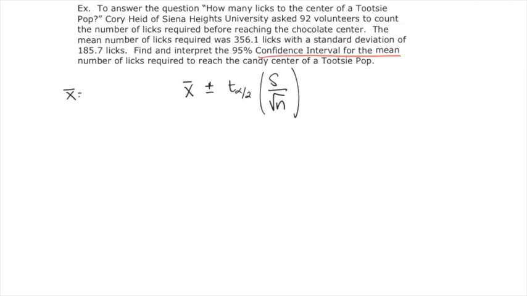We need to find our sample mean. Well, it tells me that the sample mean was 356.1. We also need our sample standard deviation, which was 185.7. We need the value of n. They asked 92 volunteers.